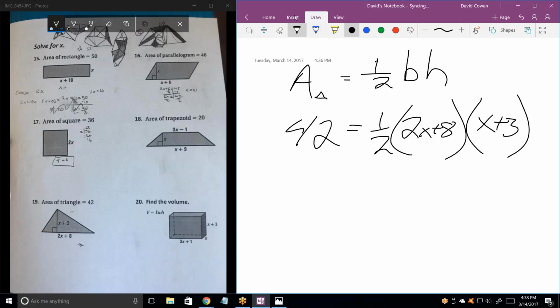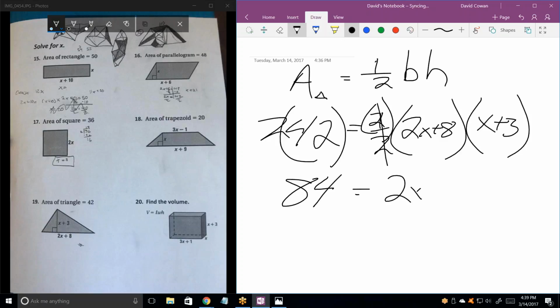I'm going to end up multiplying both sides by 2. Notice that the 2 on the right side of the equation is a divisor. It is dividing. So to get rid of it, I've got to multiply. So I'm going to multiply both sides by 2, like that. That gets rid of that right there, turns this into 84.